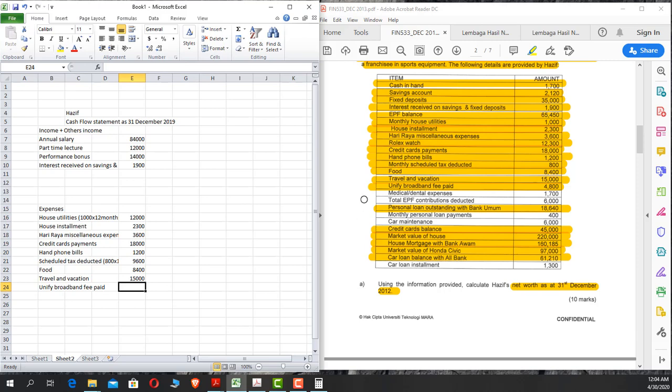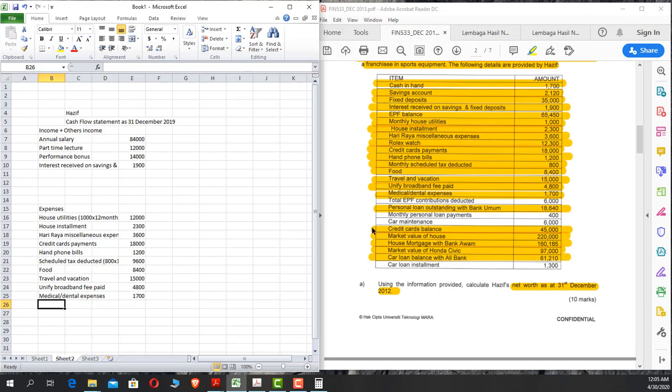So next, medical or dental expenses also. And fees ialah 4,800, 1,700.